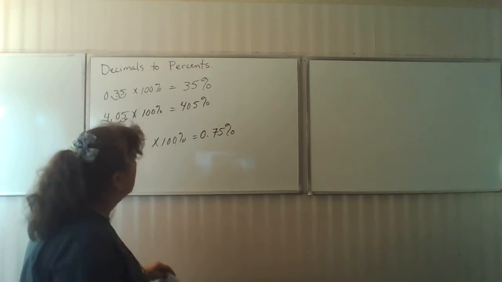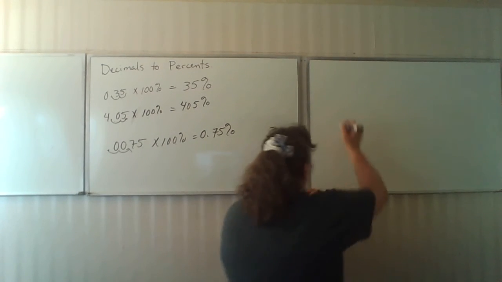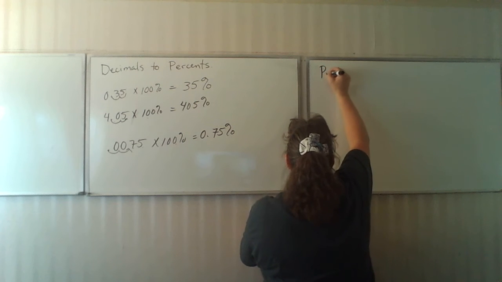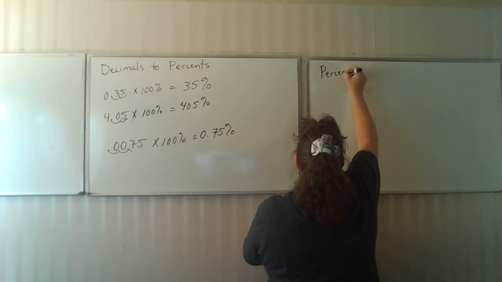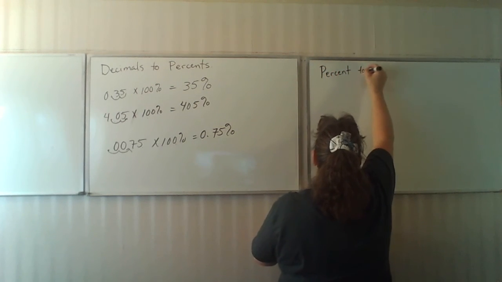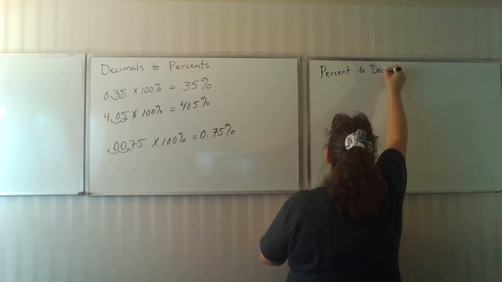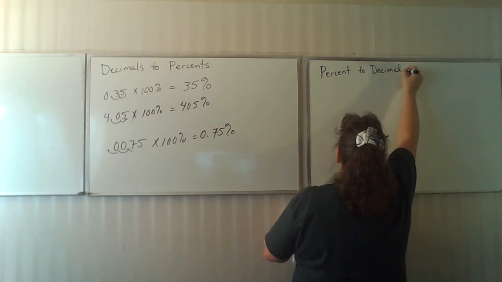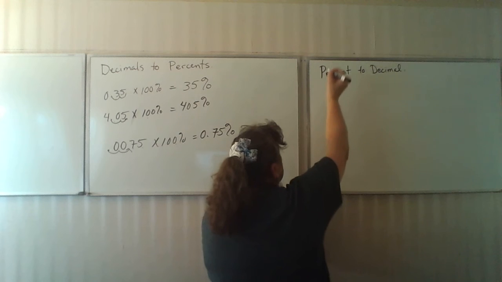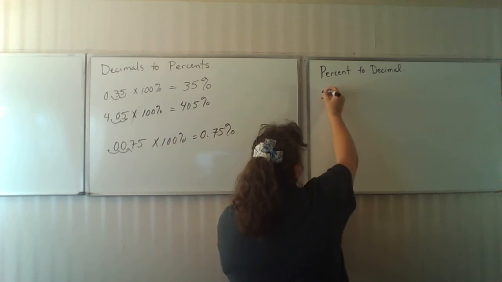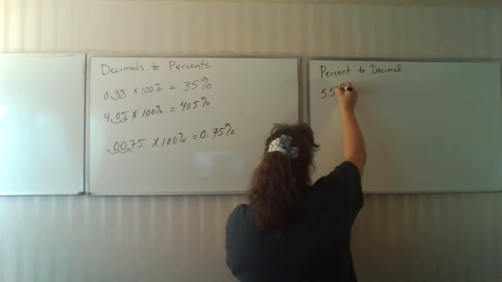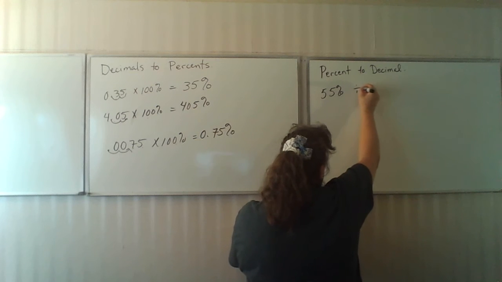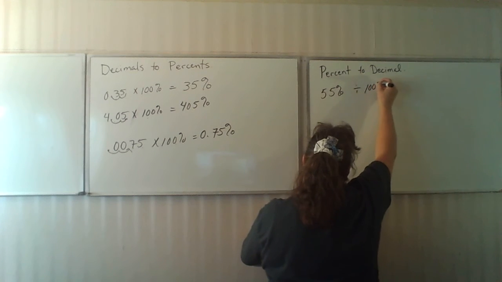Okay, now let's look at going the other direction. Percent to a decimal. So let's start with 55%. You're going to divide by 100%.